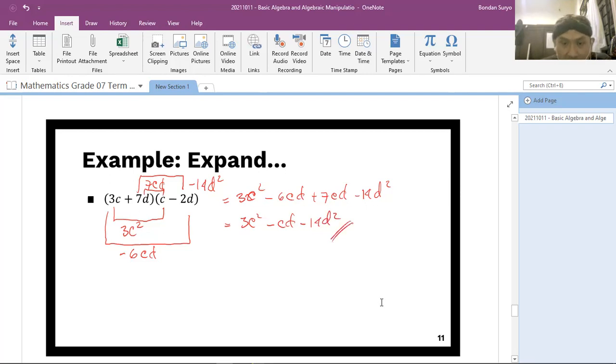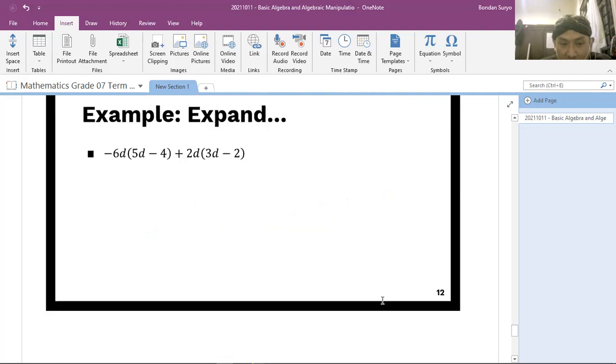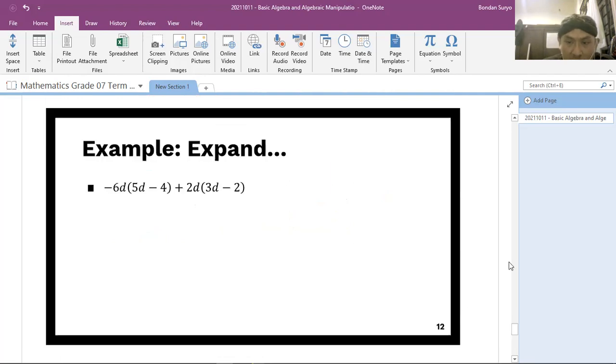That's it. Next, one more example. This one equals negative 30d squared. This one, negative 60 plus 24d.